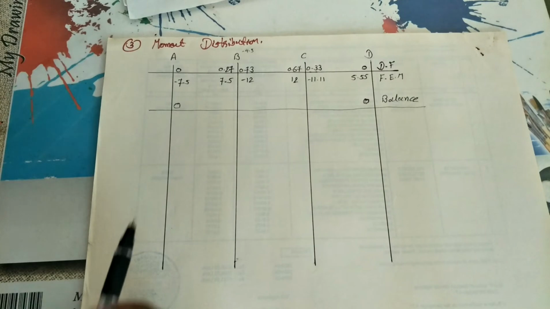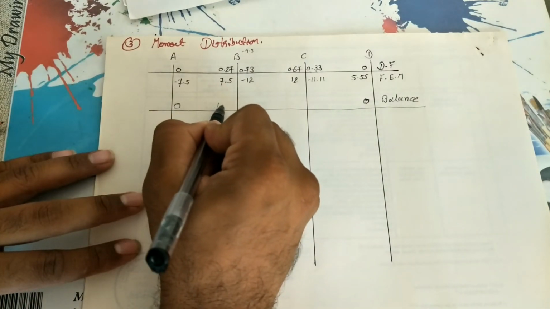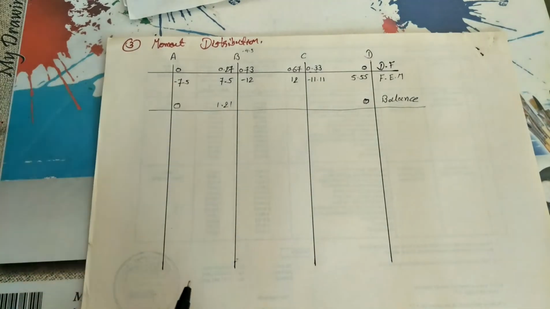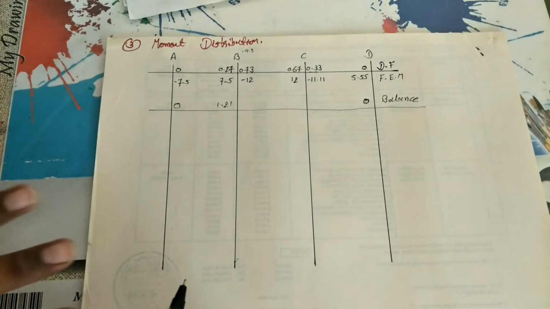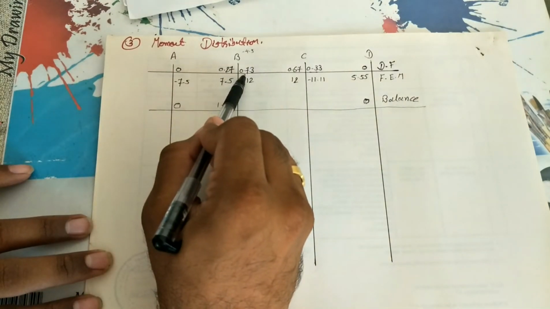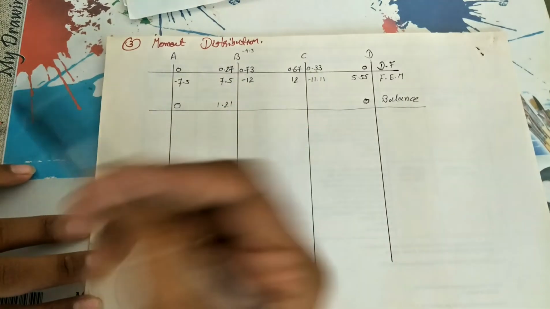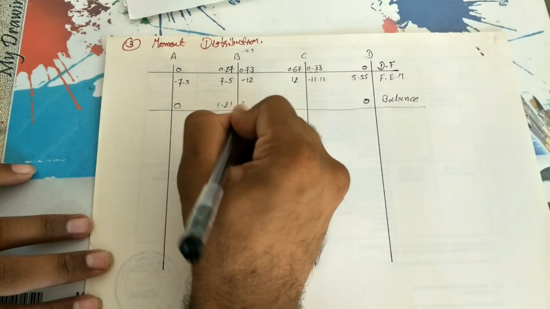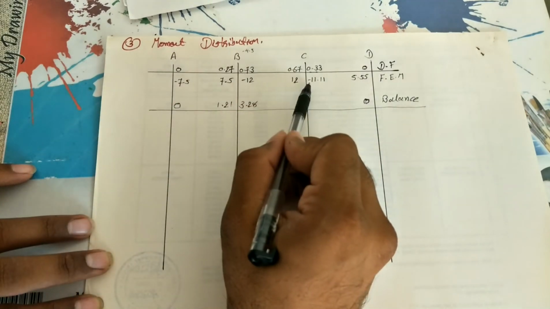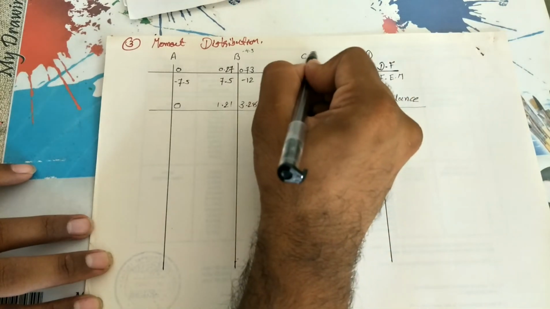That answer you will get is minus 1.21, but you have to write the opposite of that, so that is plus 1.21. Same for that: minus 4.5 multiplied by 0.73, so that answer is minus 3.28, but we have to write the opposite, so that is 3.28. Same for this case: 12 minus 12 plus minus 11.11, so that answer is 0.89.